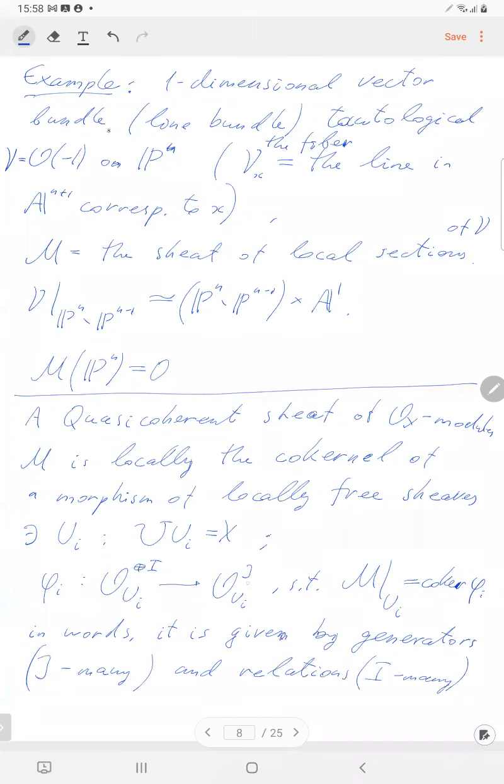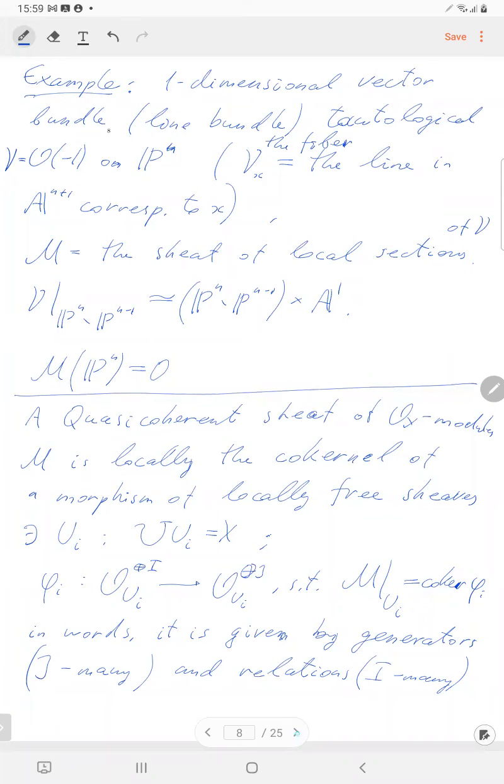So the quotient of this locally free O^J by the image of this locally free O^I.